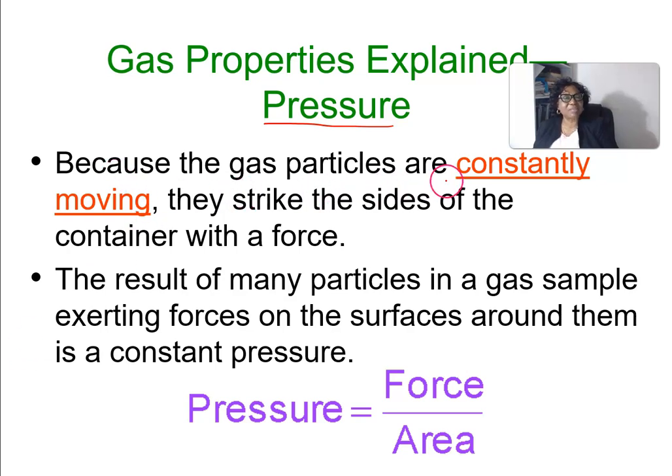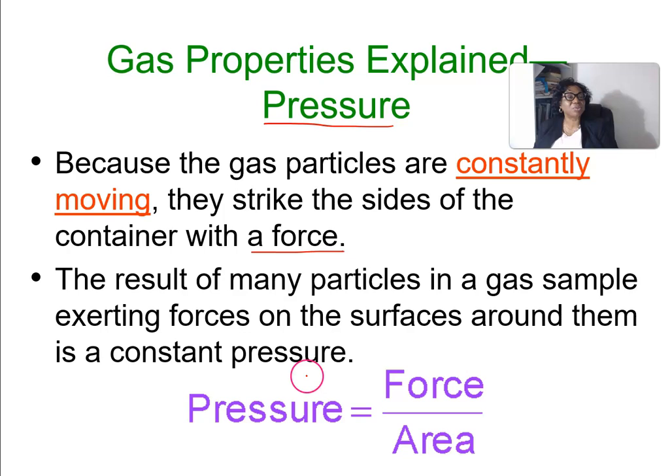Because the gas particles are constantly moving, they strike the sides of the container with a force. The result of many particles in a gas sample exerting forces on the surface around them is a constant pressure.